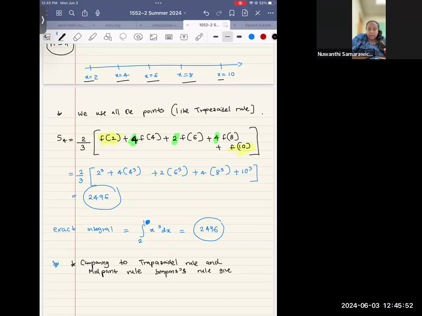When you do the homework questions, you will see it's very close, here it was equal. So comparing to trapezoid rule and midpoint rule, Simpson's rule gives a better approximation.